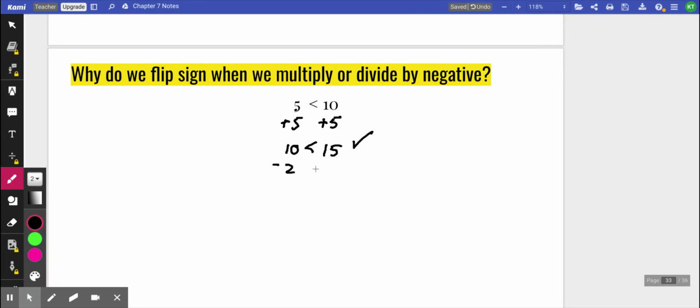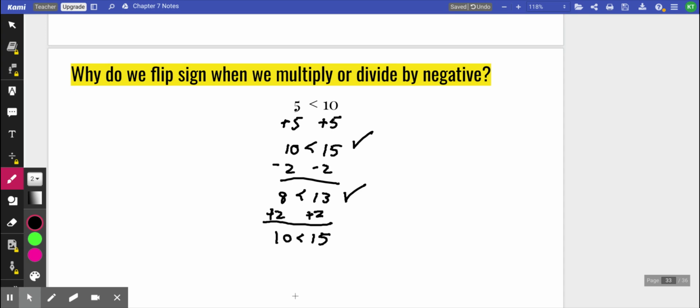If I subtract the same thing from both sides, so we would have here 8. Is that going to be less than 13? And the answer is yes. So let's get this something that we want to work with here. Let's add the 2 back on there. So let's go back to that 10 is less than 15.